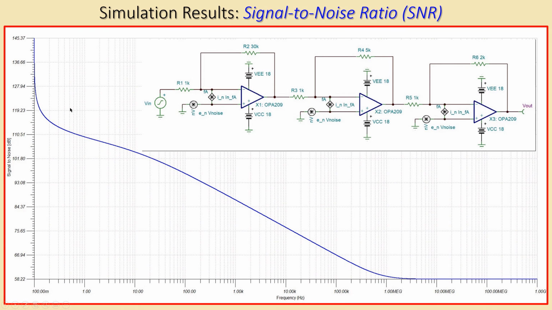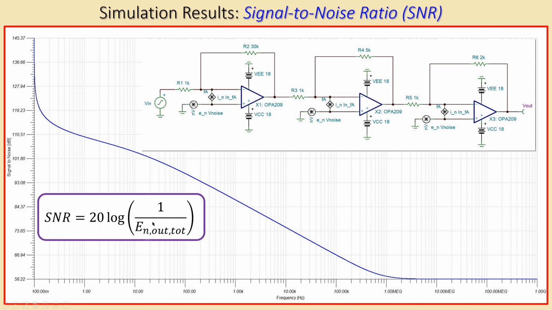Okay, as a final one, we look at the signal to noise ratio, SNR. That is the part we have here. It starts off very high for the low frequencies, then goes down and approaches a constant value. We have calculated using this formula what the value was, using this output noise voltage. Of course, this is now a little bit smaller.